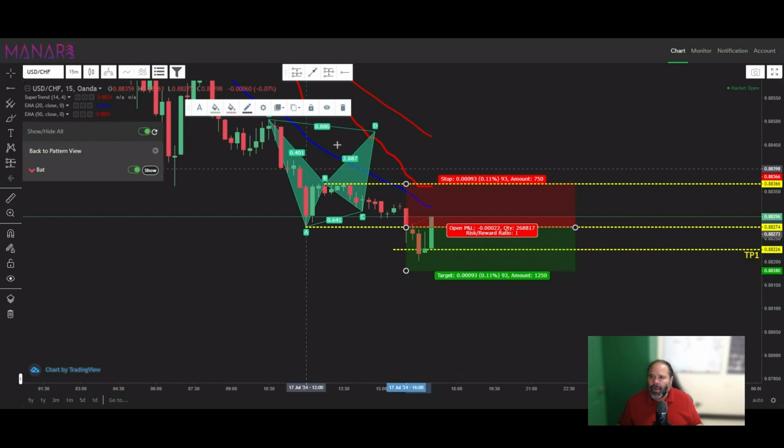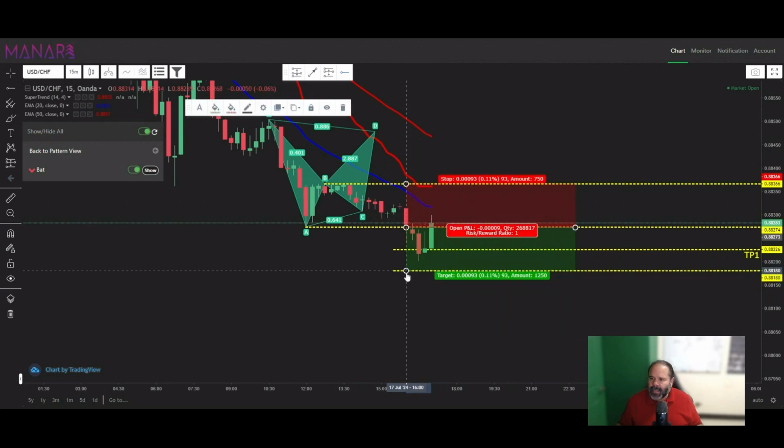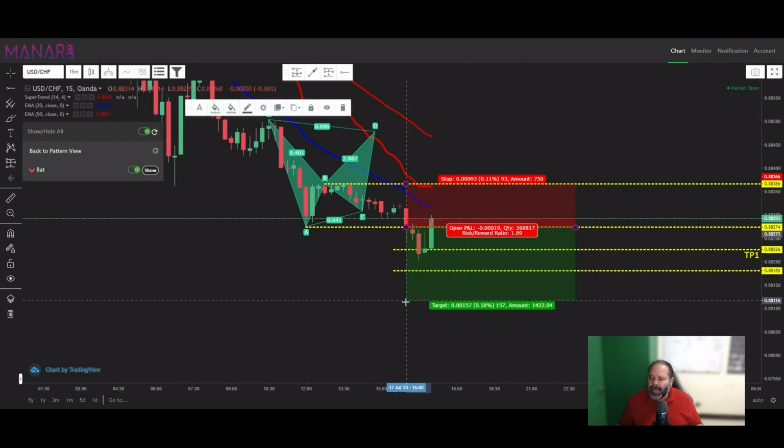Hopefully, we get another signal notification in the next couple of minutes. And then the TP3 will be a 1-to-2 risk reward ratio, which is down here.